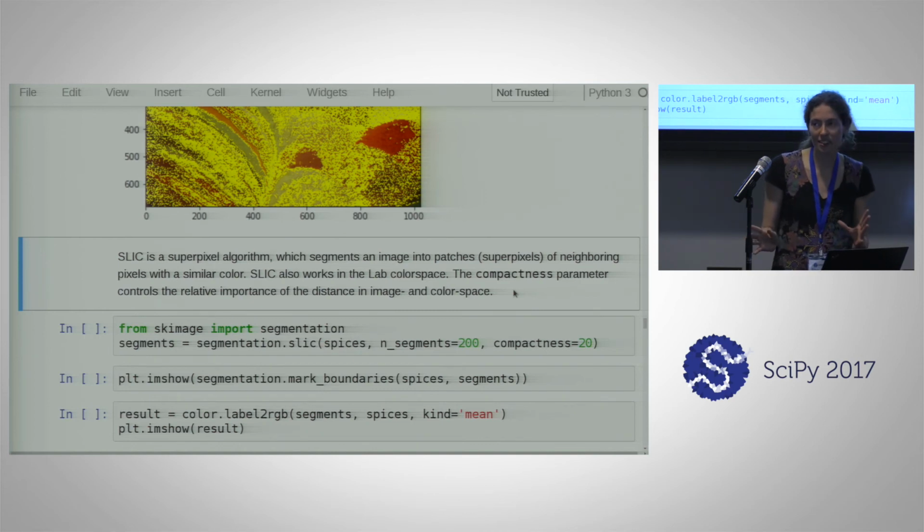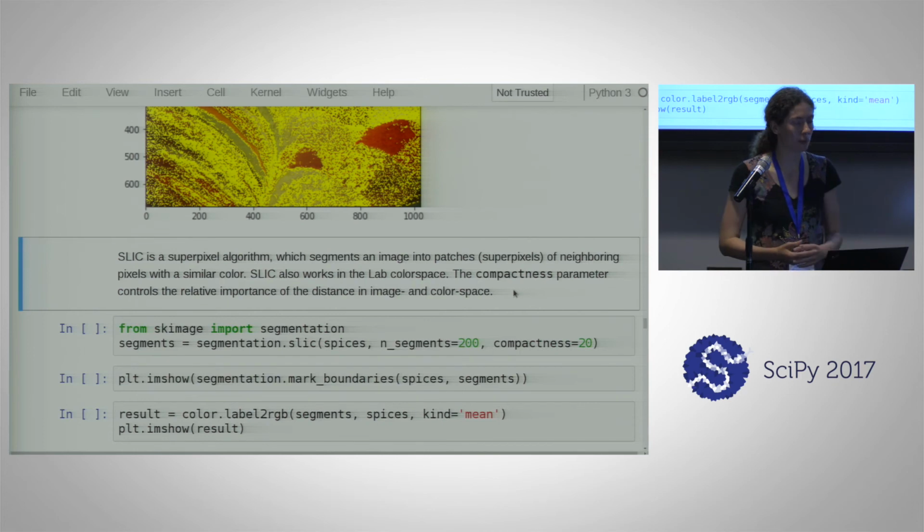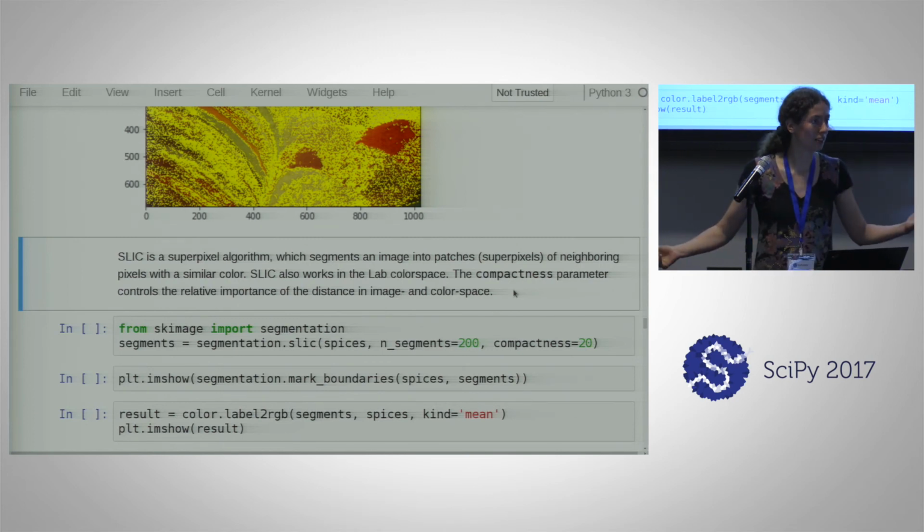Because you see here that we're starting to mix together features that are not homogeneous. They don't correspond to the same physical quantity. For example, colors can be between 0 and 255, and XY coordinates can be as large as the number of pixels that you have in the image.